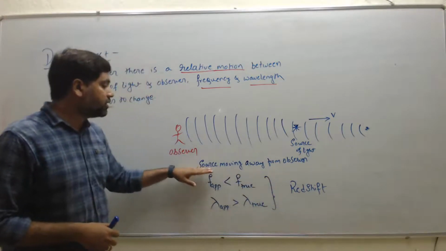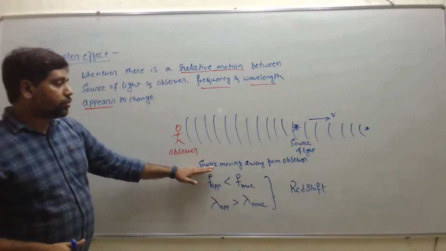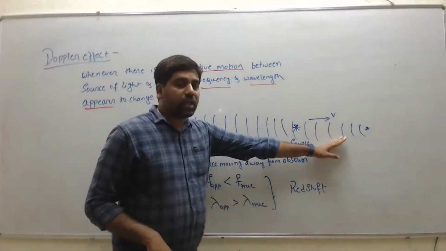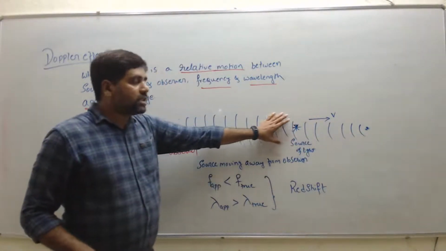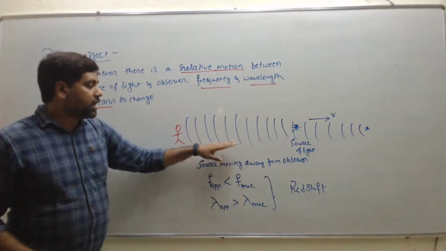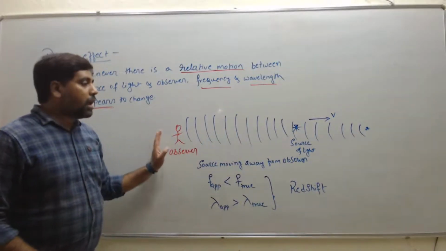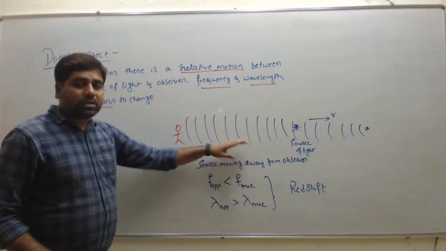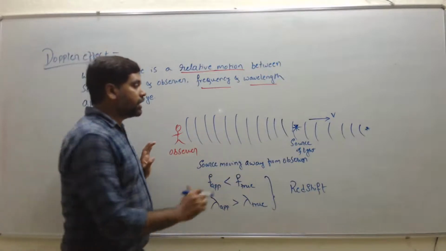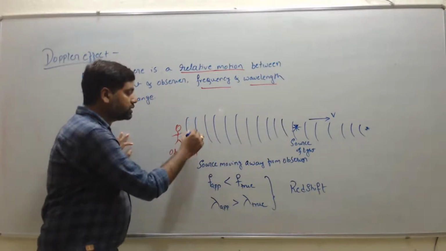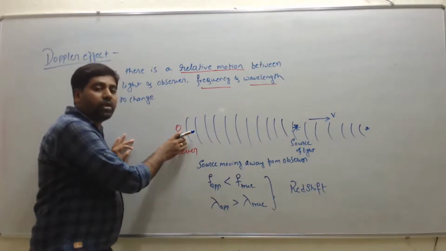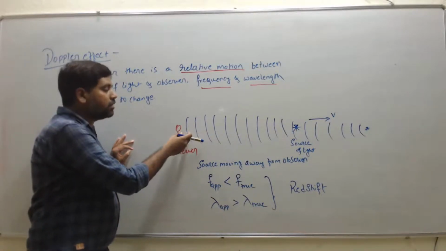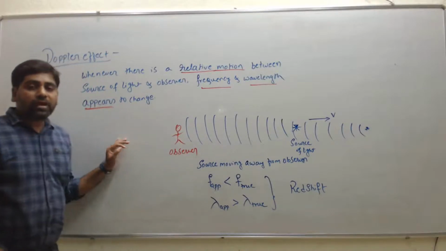So the case is when the source is moving away from the observer, the wavefront has to take a larger time to reach the observer. Hence the difference between successive wavefronts reaching the observer is more, that is, the time taken is more.